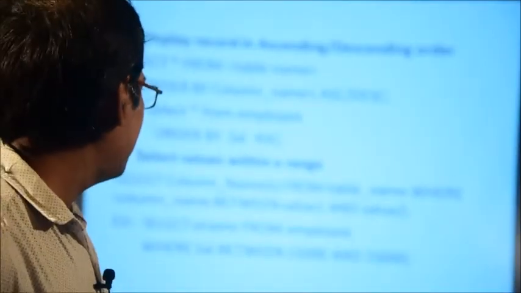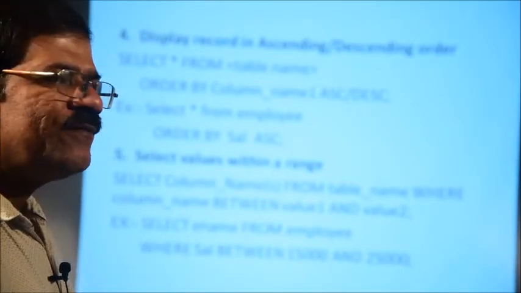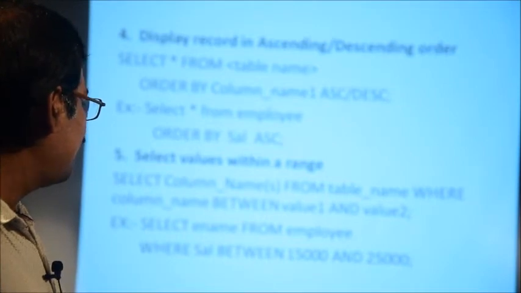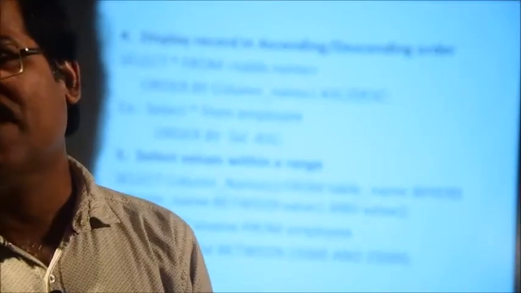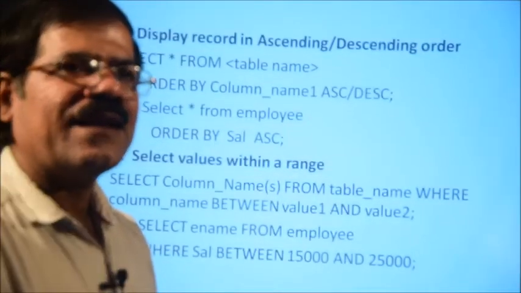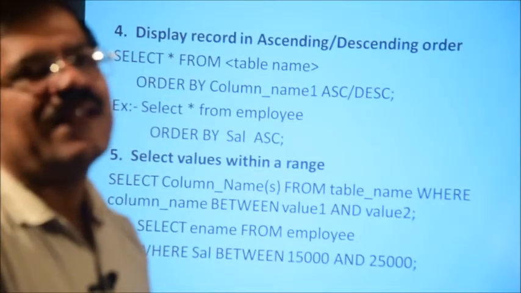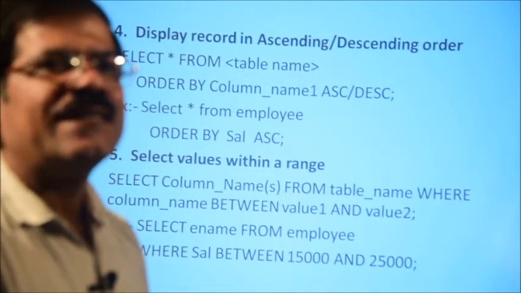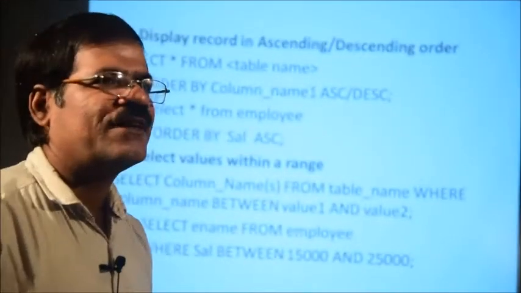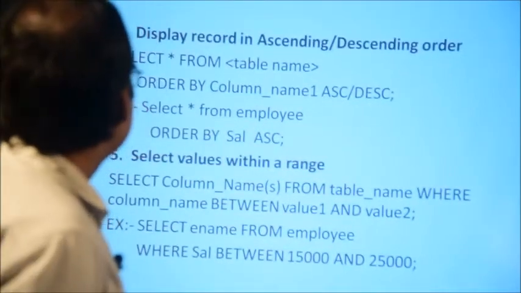If you do not write distinct, Ram 25,000, Ram 25,000, Ram will be selected 2 times, because there are two separate employees. Employee number 1 name is Ram, employee number 5 is again Ram. If you do not write distinct, the name Ram will be selected 2 times, and Sam also 2 times, because 2 Sams are there, their salary is 25,000. So these are the conditions.